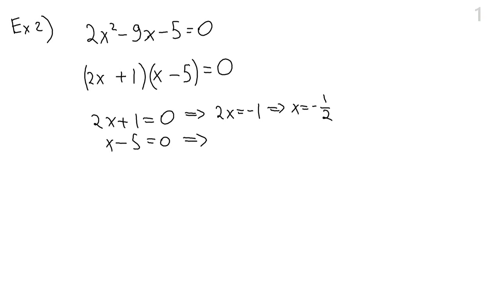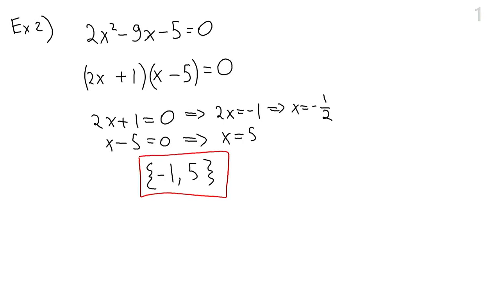The second piece, x minus 5 equals 0, gives me the solution x equals 5. So I have two distinct real solutions, -1/2 and 5. And this is the final answer to my problem. You can also list the solutions without the brackets if you wish.